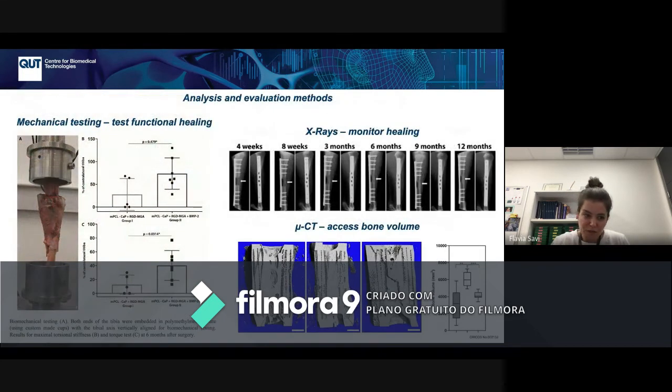First, when the time point is done, like 12 months or 6 months, we remove the defect with the plate and everything. As you can see here, this is a tibia, the entire leg, and then you would do the mechanical testing and test for torque and for stiffness of the mechanical stability of the defect.